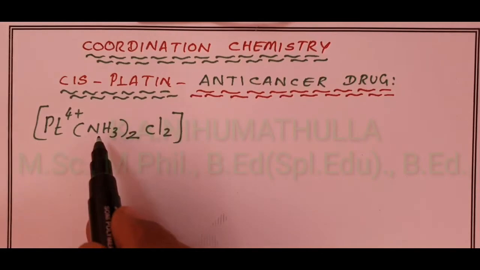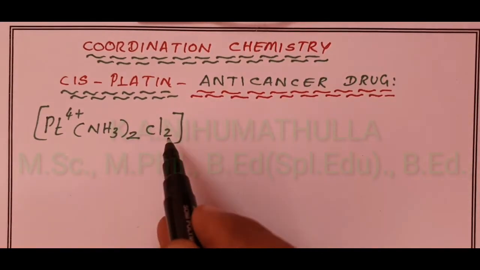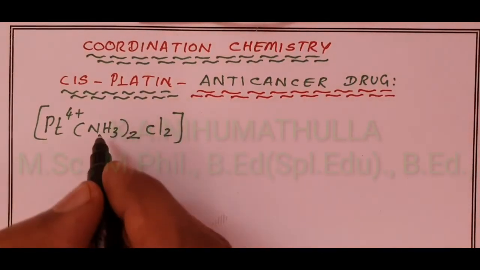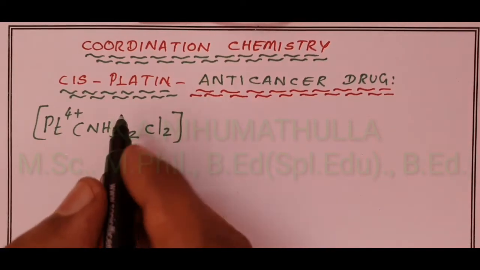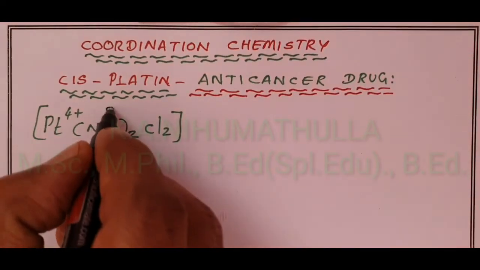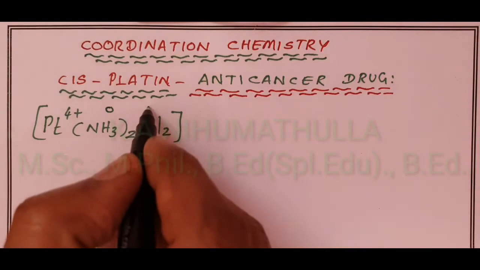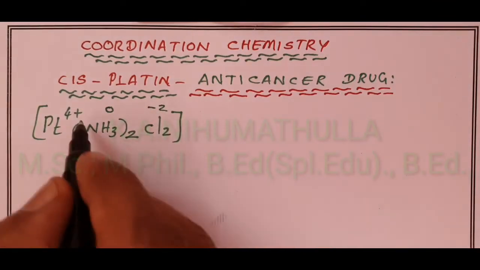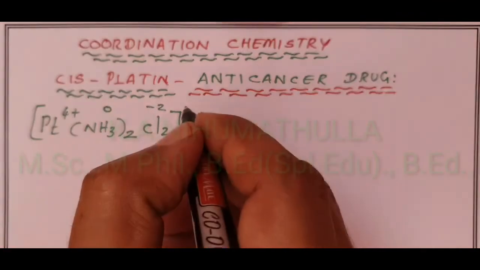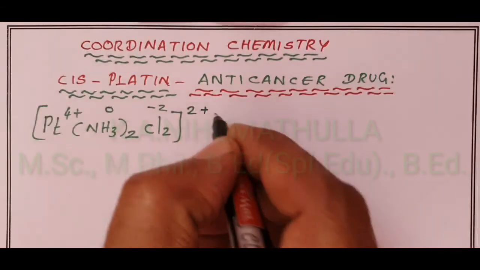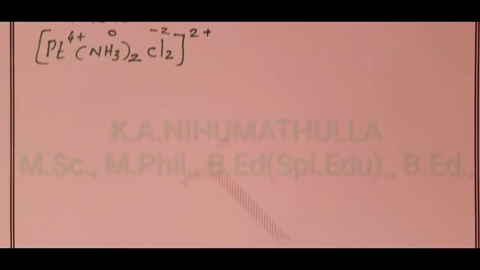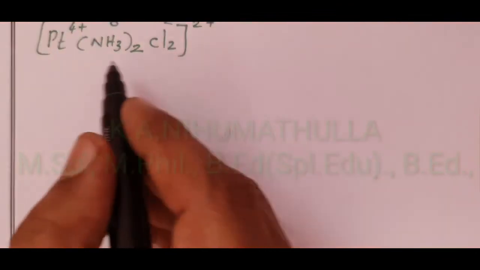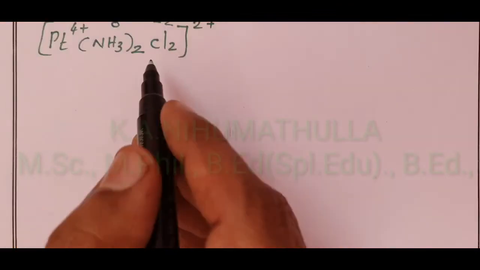So platinum 4 plus, NH3 twice, Cl2. Amine is a neutral ligand, charge equal to 0, 2 into 0 equal to 0. One chlorine is 1 minus, 2 chlorine is 2 minus. When you add all these, you will get 2 plus on this complex. We can draw two geometrical isomers for this general formula.